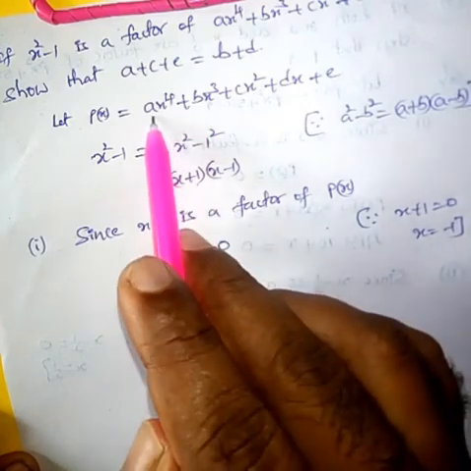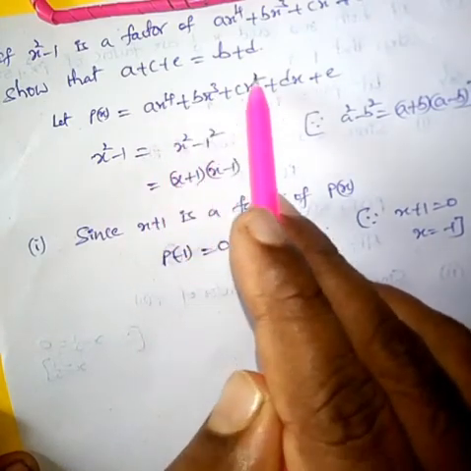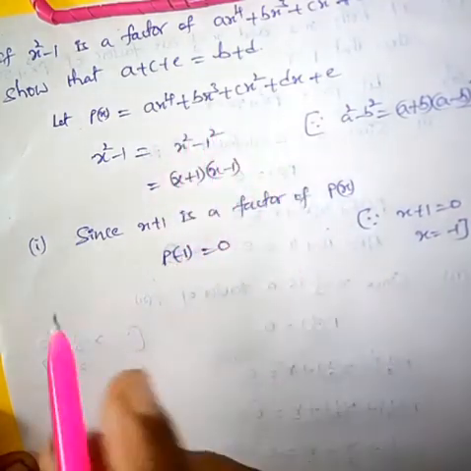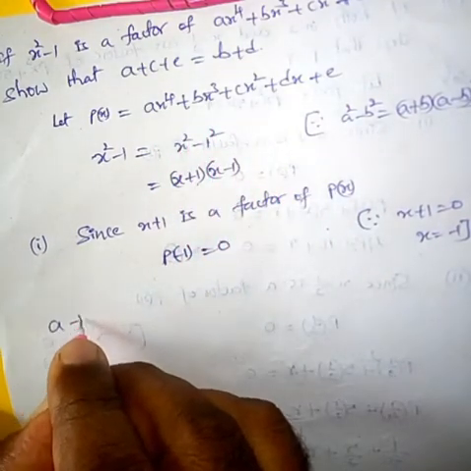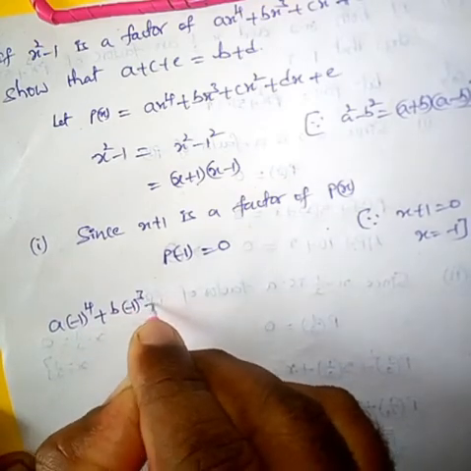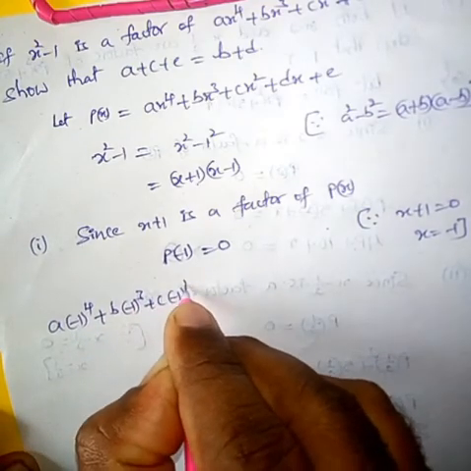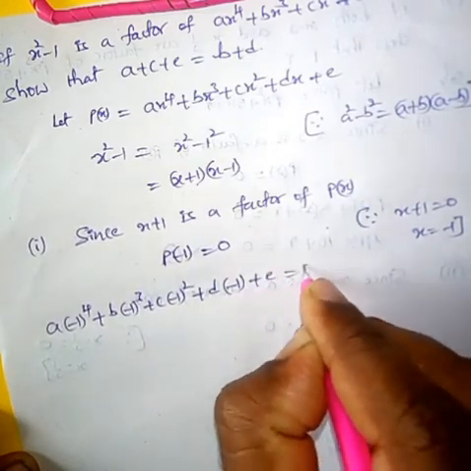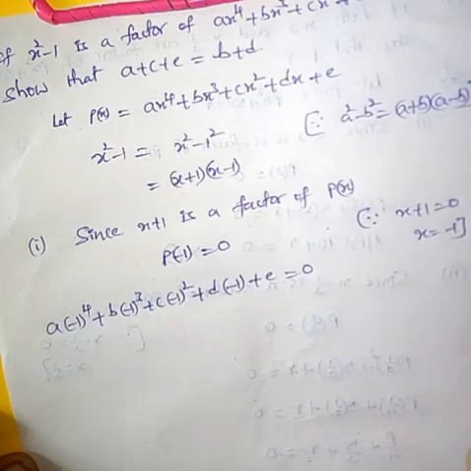What is the actual polynomial? ax power 4 plus bx cube plus cx square plus dx plus e. Substitute minus 1 in place of x, that is a into (minus 1) to the power of 4 plus b into (minus 1) cube plus c into (minus 1) square plus d into minus 1 plus e is equal to 0.